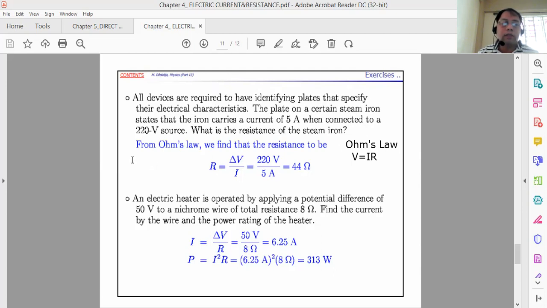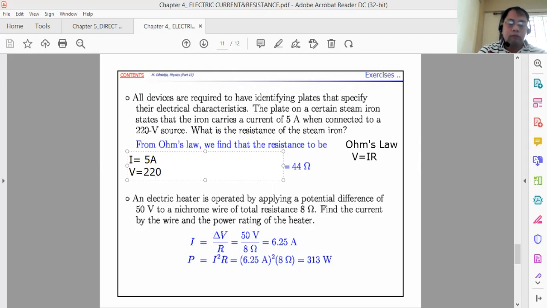Now, among the values that are stated, I is provided. No? First value that is given, we have a 5 ampere current that goes around our circuit. And next is that there is a voltage of 220 volts. Now, again, in our circuit, we can draw maybe a simple one, like this is our circuit.